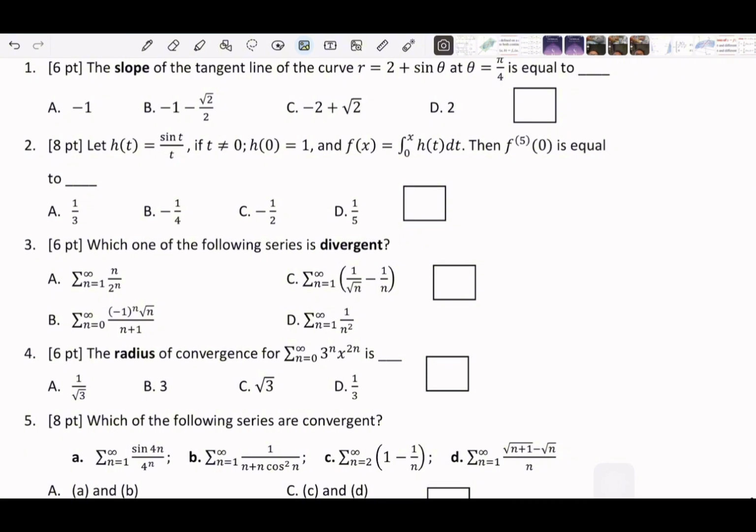So we have a function h(t) equal to sine t over t, where t is not 0 here, and h(0) is 1. And we have f(x), which is an integration with respect to t of h(t). And it asks for f^(5), the fifth derivative at x equals 0.